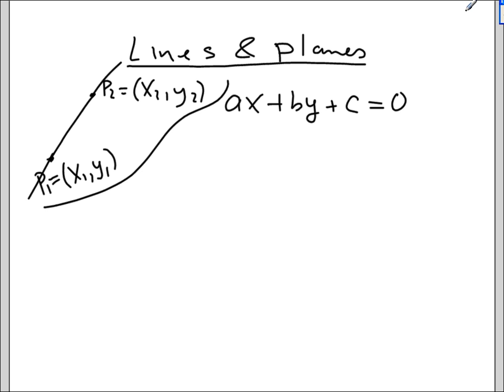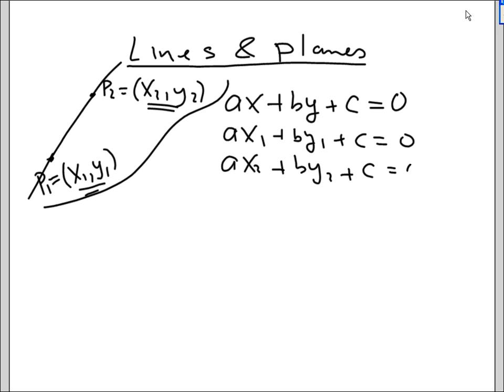And this line, if it's going to contain these 2 points, must satisfy their equations: ax1 plus by1 plus c equals 0 and ax2 plus by2 plus c is equal to 0. Just writing it slightly different. I'm going to write it as a system of equations. There are ones here where the variables are just a, b, and c.